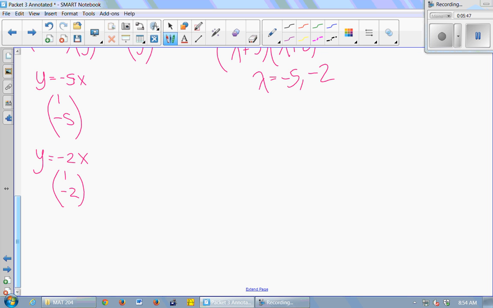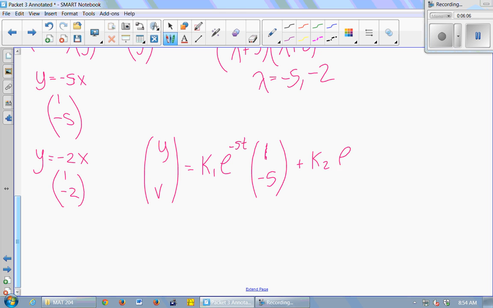In fact, I think I'll write it like this. y, v equals k1 e to the negative 5t times the vector that goes with negative 5, which was 1, negative 5, plus k2 e to the negative 2t times the vector that goes with that, 1, negative 2.